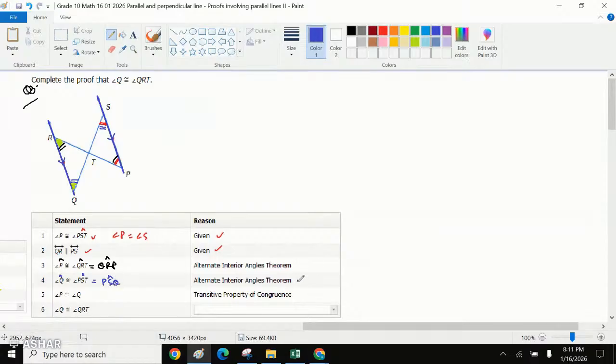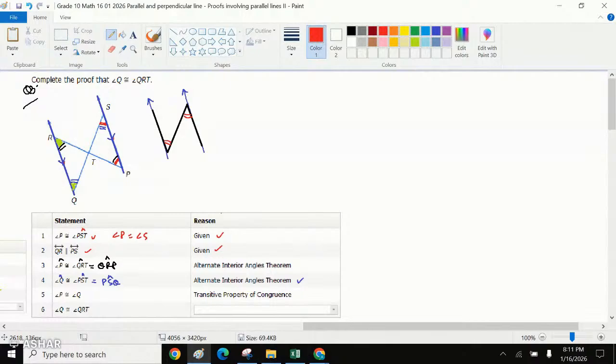They're alternate interior angles because it's forming a Z. I'll show it to you how. If these were the two parallel lines we had, and we had a line intersecting over here, we can see a formation of an N or a Z. In this case, these two angles would always be the same. Alternate interior angles. Okay, agreed?